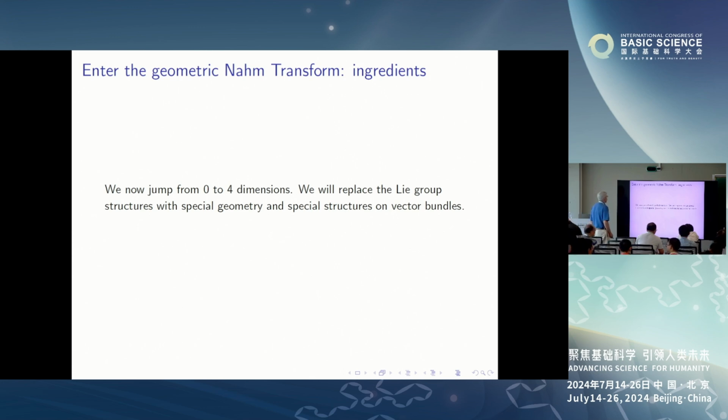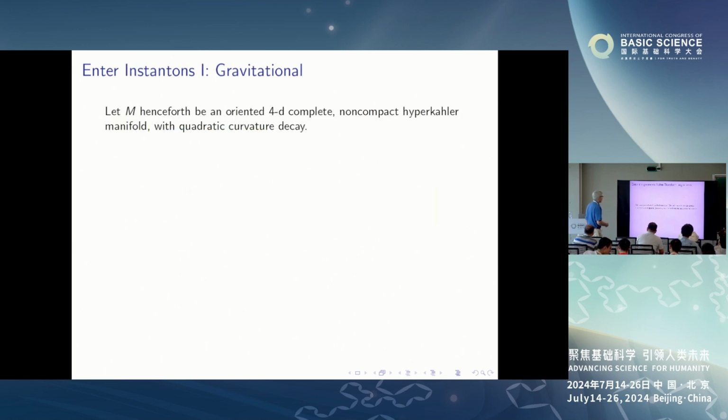Okay, so let's jump now from 0 to 4 dimensions. We had all these nice Lie group structures, and we need to replace them with manifolds that have special geometry, and we'll look at vector bundles with special structures on them, because we can't hope to just go from such homogeneous things to things with no structure whatsoever.